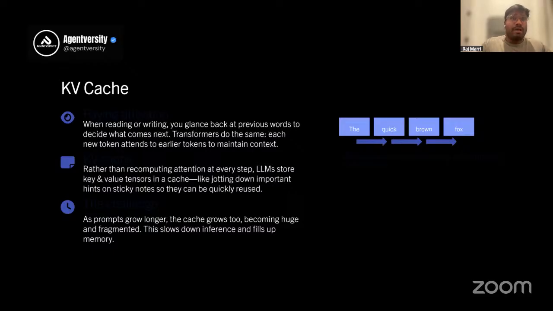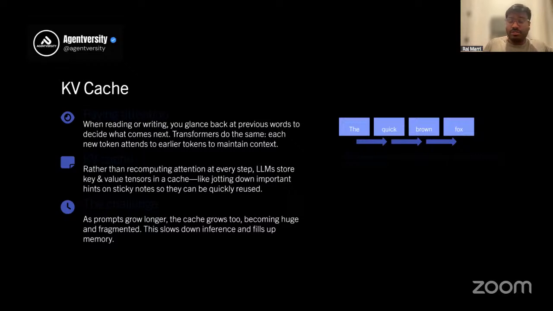Even then, as it generates, every time it has to keep calculating KV for every new token. So the KV cache keeps increasing. So how does ChatGPT or any of these LLM providers scale, and how do they address every request that's coming in? That is what we're going to learn today.